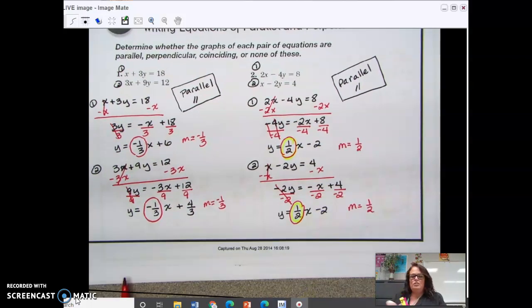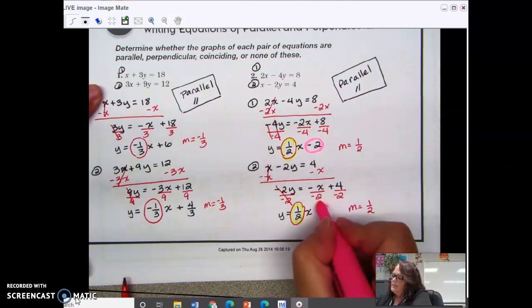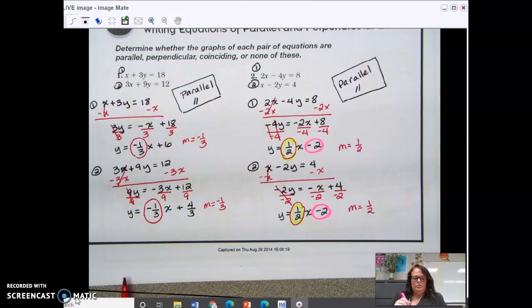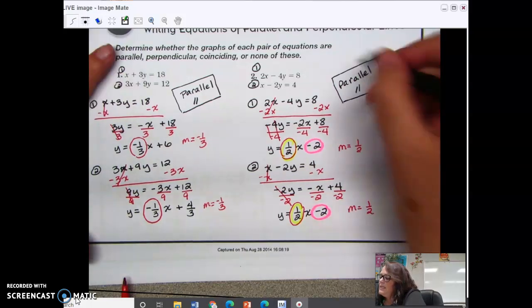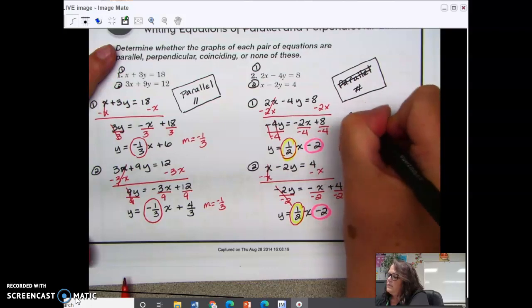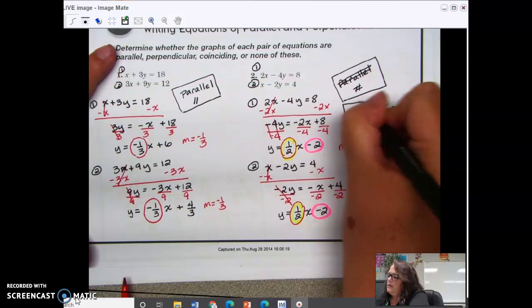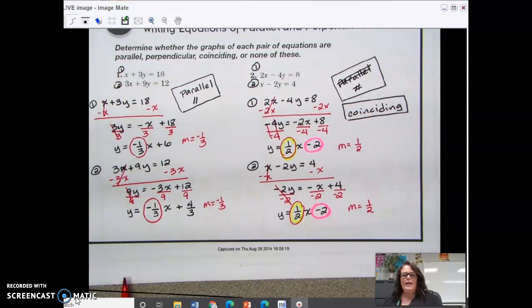So I agree there is a chance that they are parallel. But what I did not notice, and like I said, everybody makes mistakes, is they also had the same y-intercept. So I made the mistake of calling them parallel for question number 2 when I should have said coinciding. So hopefully you were screaming at the screen when I was making that mistake, and now I have made that up to you.